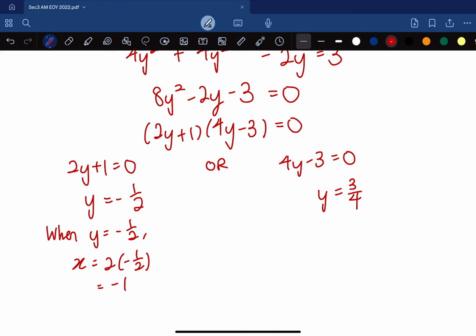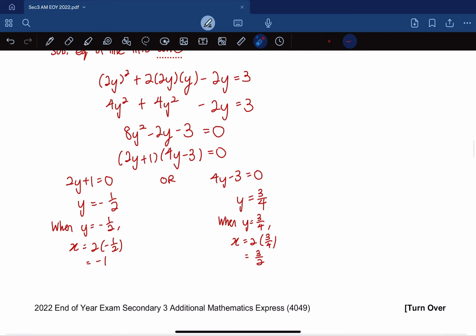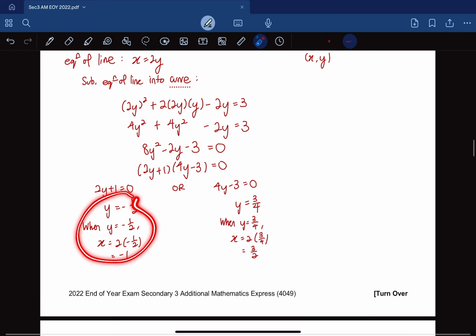In this case, when y equals 3 over 4, x equals 2 times 3 over 4, which gives me 3 over 2. So I have the two coordinates of the points of intersection, here and here.